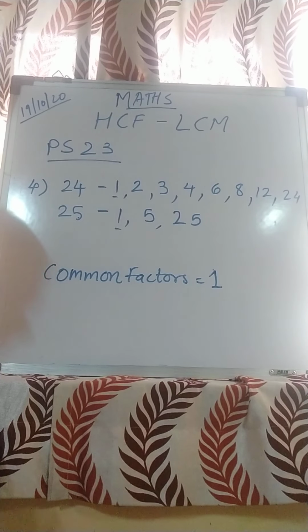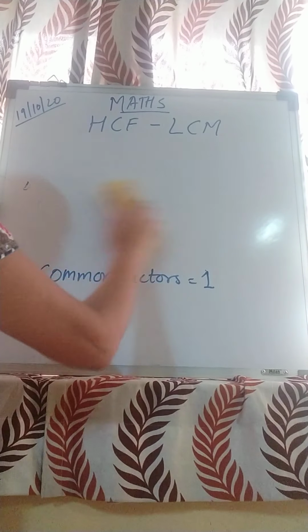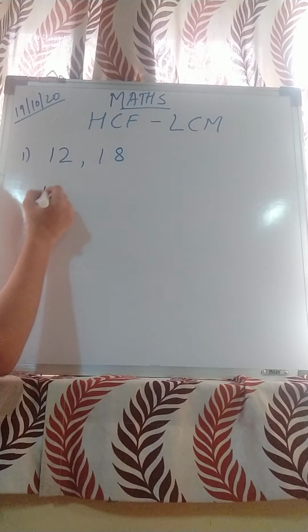First I am taking a solved sum. See how to take out the HCF of two numbers. The two numbers given are 12 and 18. You first have to take out the factors of these two.